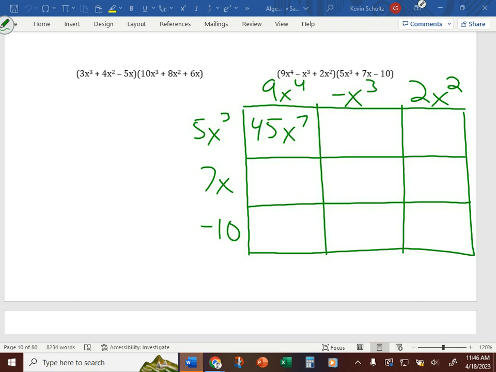Remember, this coefficient here is really a negative 1. Negative 5x to the 6th. And then the last one, 5x cubed times 2x squared. 15x to the 5th. Wait, 10x to the 5th. Good.